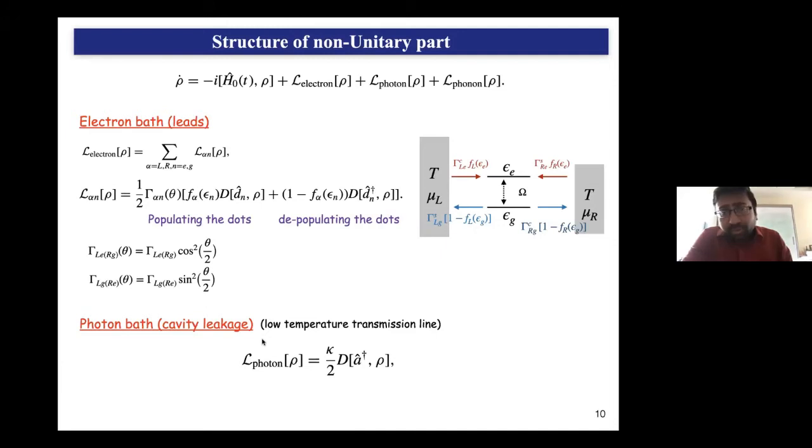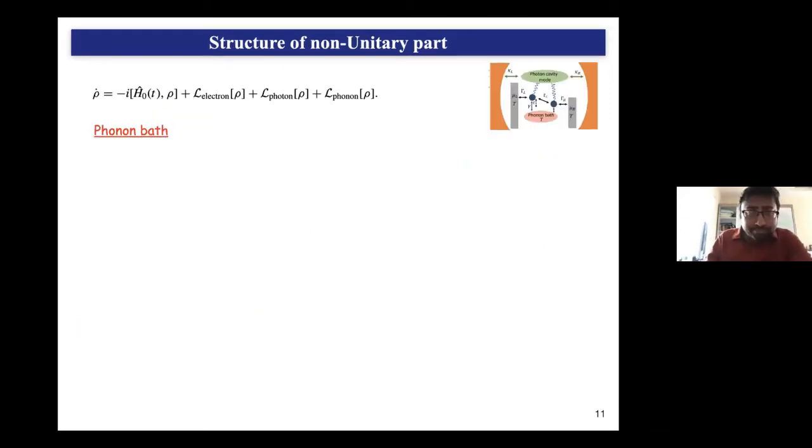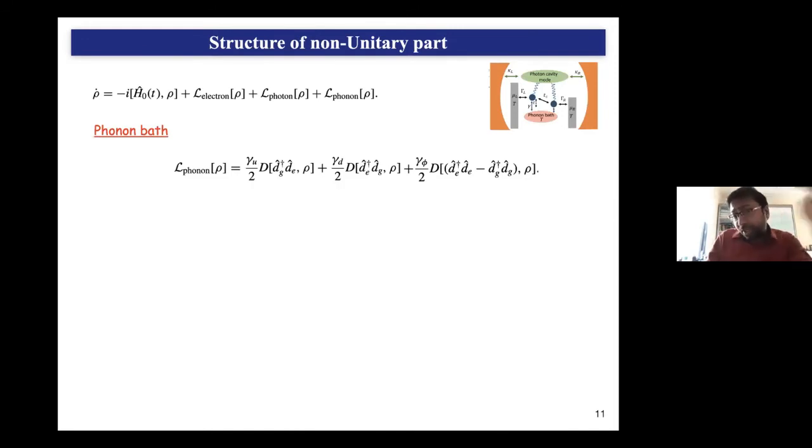The photon bath gives you the rate at which photons decay, photons leak from the cavity. If you are at low temperature, this is what you get. This is like the spontaneous term. If you have finite temperature, you will have more terms, but let's just focus on the low temperature limit. For the phonon bath, the kind of interaction we have taken means the phonon can also induce transitions. Remember, the double quantum dot simultaneously interacts with the fermionic lead as well as the phonon bath.